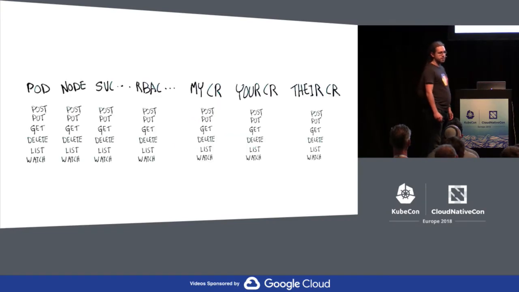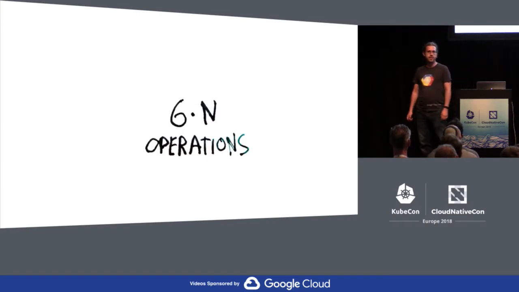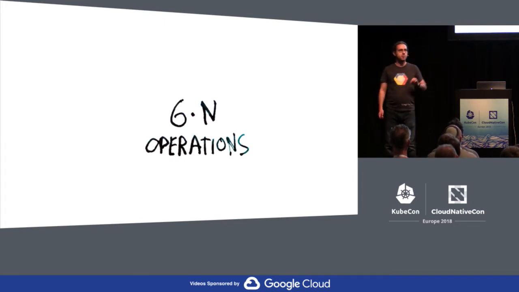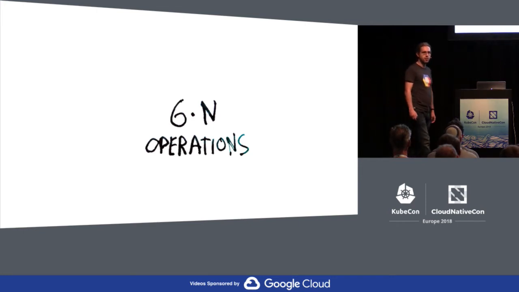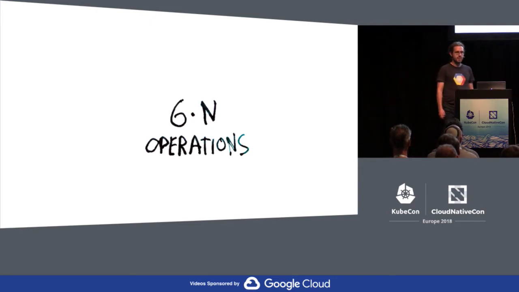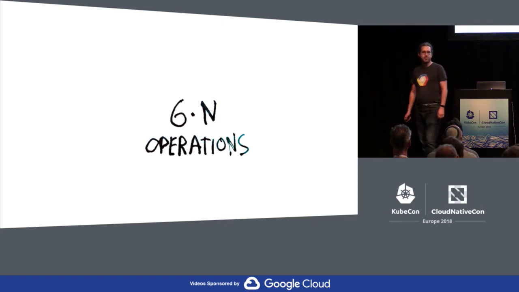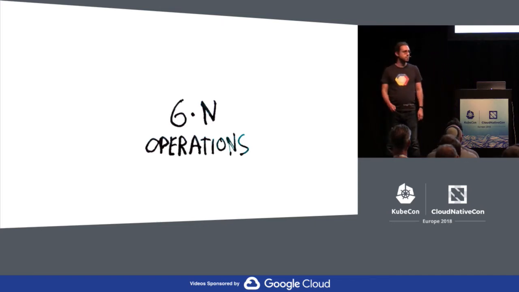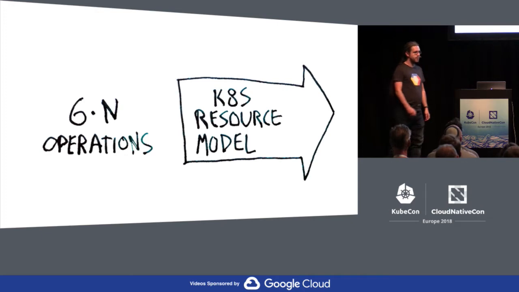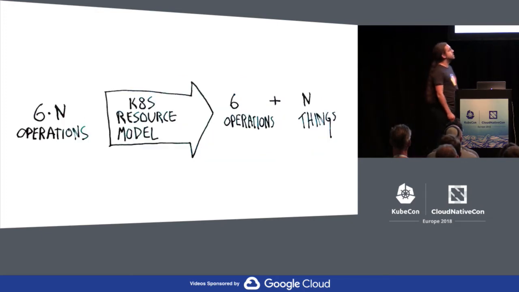I've drawn 6 verbs there, but that 6 is really a stand-in for the average number of operations per resource type. So you think of this as m times n. This is polynomial complexity. And that's not good when you want a human to understand your system. Kubernetes resource model turns this into 6 operations and n things. It's much more understandable for humans.